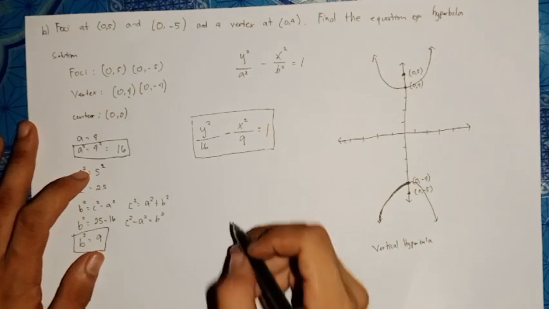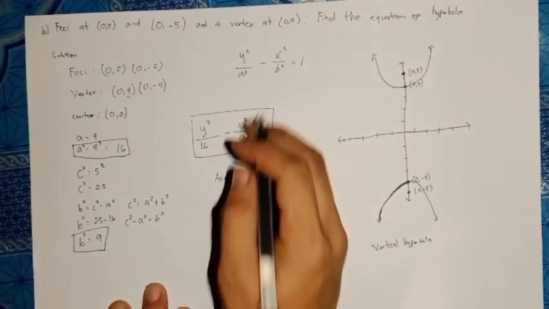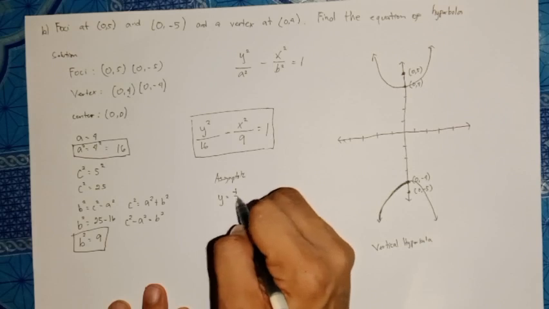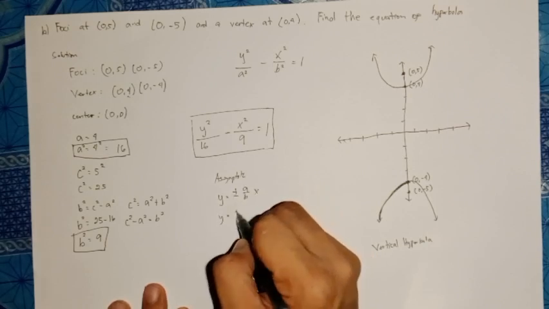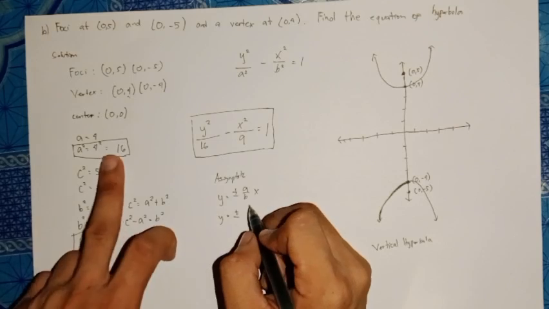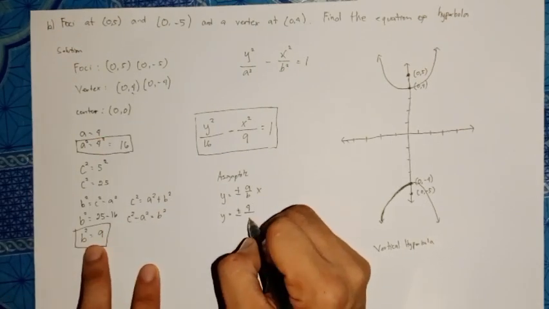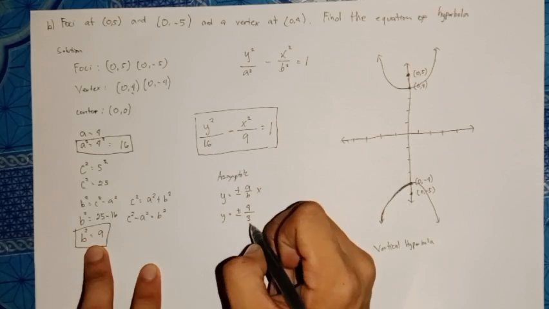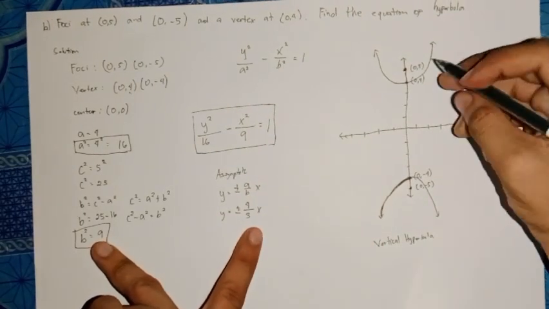To find the asymptote, we will use the formula y is equal to positive negative a over b x. Just substitute. a is equal to 4, and our b is equal to 3, since the square root of 9 is 3. So therefore, our asymptote slope is 4 over 3, around 1.33.